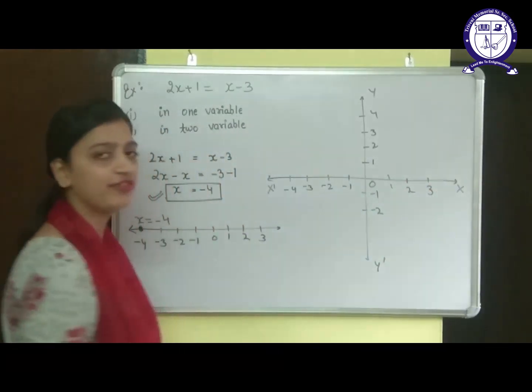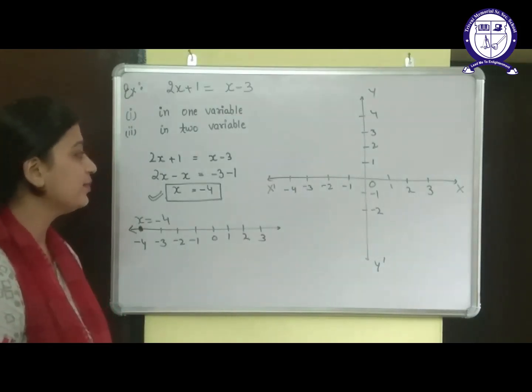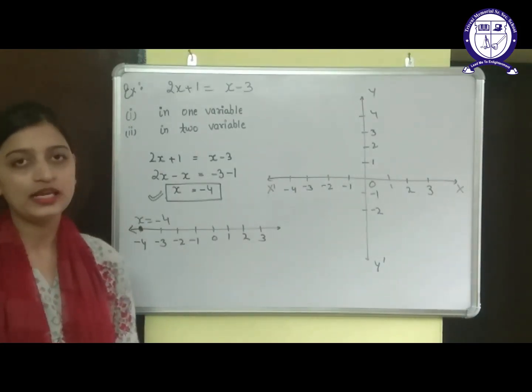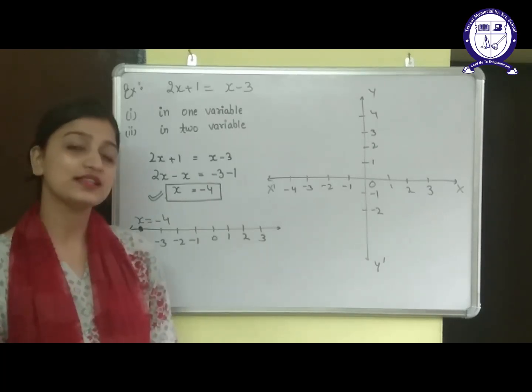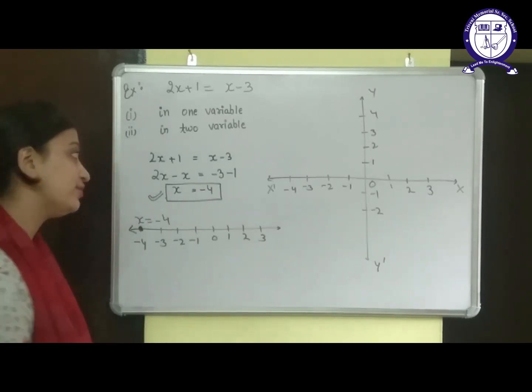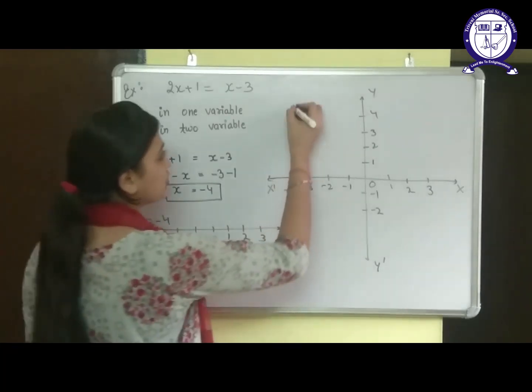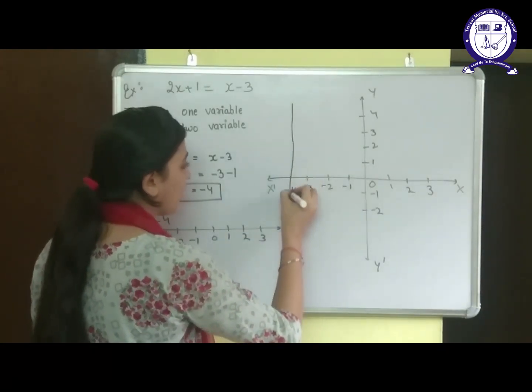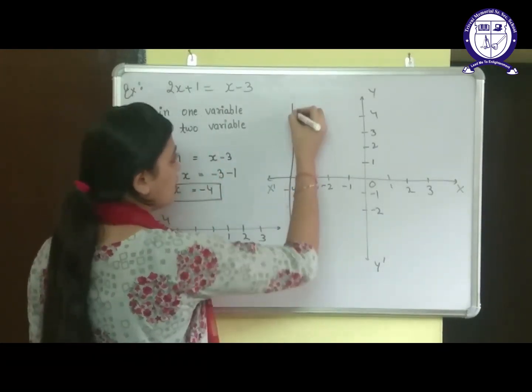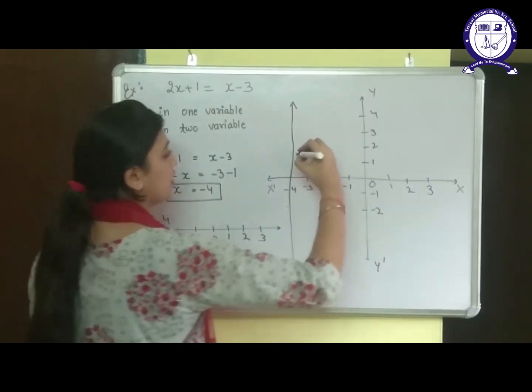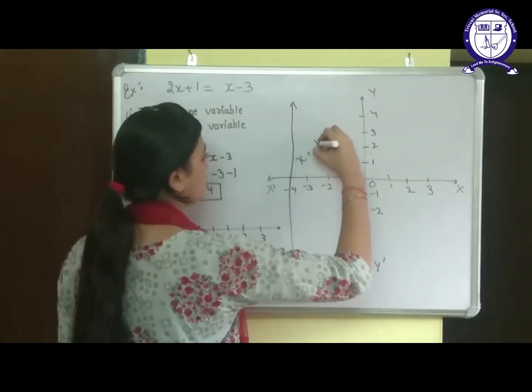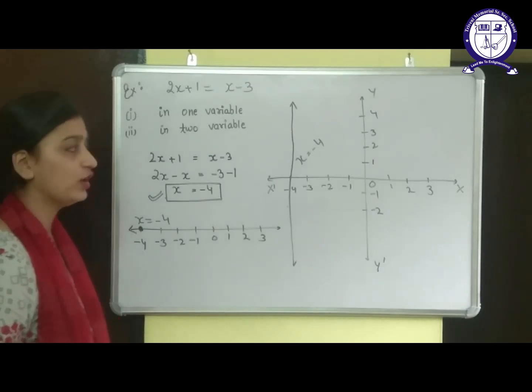I will have my graph like this in the coordinate system, and it says x should be minus 4. By the same concept we used in the previous question, I will have a straight line passing through minus 4. This will be my x equals to minus 4.